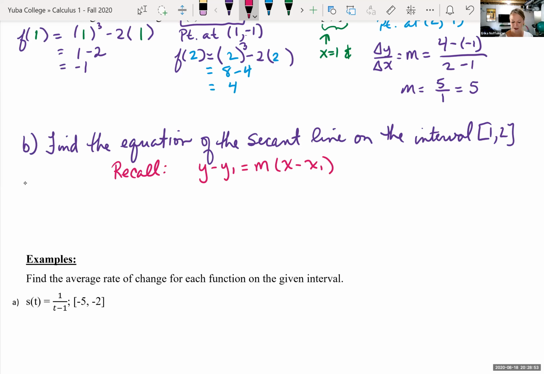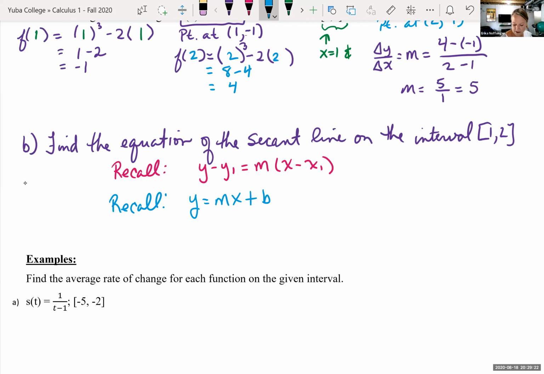Which notice is the same thing. If I multiplied or divided both sides by this parenthesis, it's the same thing as equal to our slope. Or I tend to prefer doing it this way just because it gets me in a form that's easier to graph. Remember, you have your slope intercept form. So remember, if you have y equals mx plus b, we actually know 3 of these values. I just need to know what my y-intercept is.